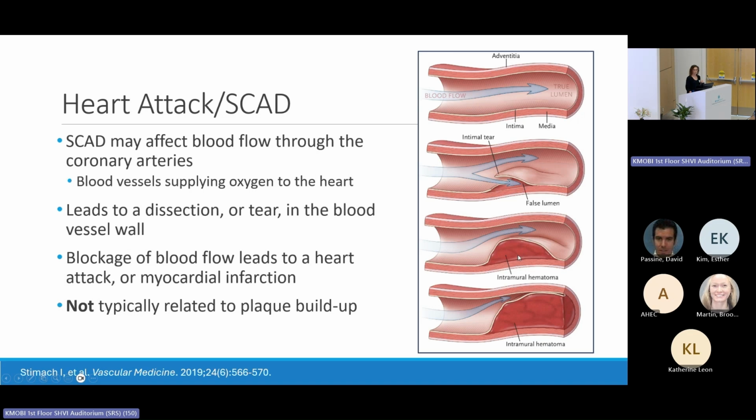If there's significant bleeding in that area, that can lead to blockage of blood flow, and then lack of oxygen to the downstream tissue, which in this case would be the heart. That can cause a heart attack, also called a myocardial infarction. And it's not typically related to plaque buildup. Reminiscing about Dr. Wells' talk, this is something separate from plaque buildup leading to a heart attack.